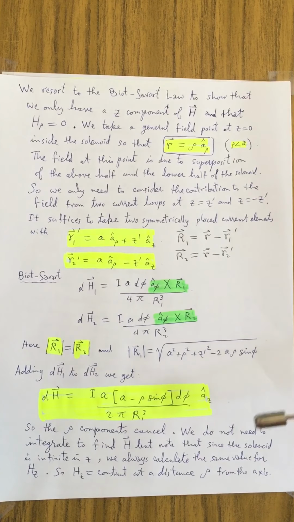We do not need to integrate the Biot-Savart law here to find Hz. But since the solenoid is infinite in z, we will always calculate the same value for Hz regardless of z. So Hz is constant along a line parallel to the z-axis. Hz equals constant at a distance ρ from the z-axis.